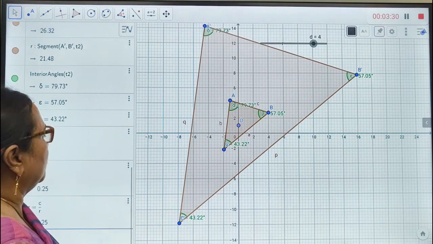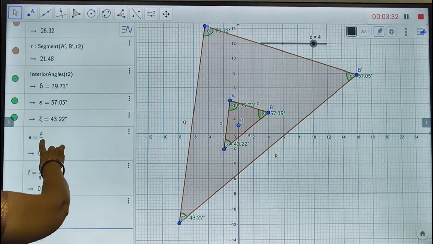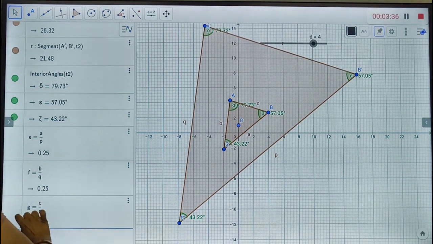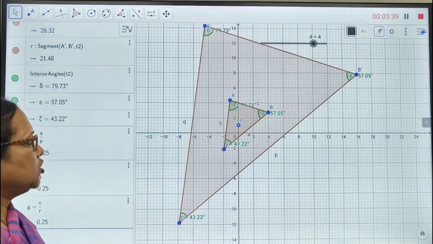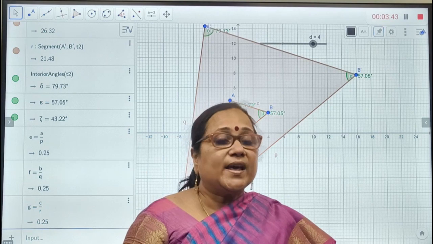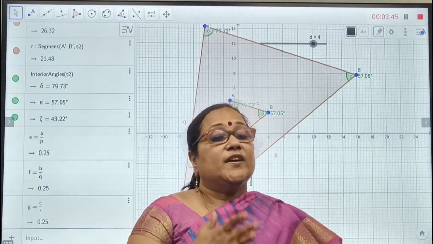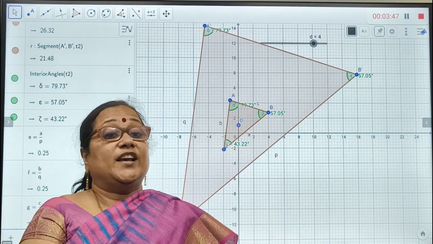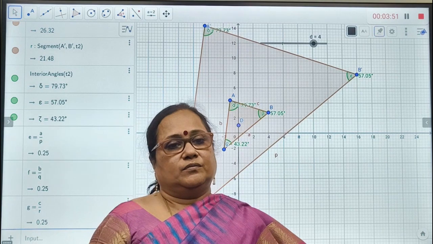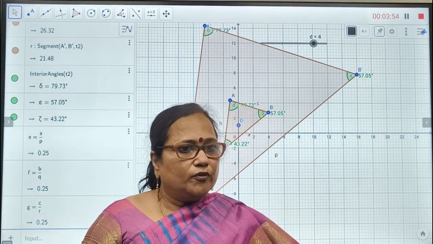Now D equal to 4. What do you observe? A by P is 0.25, B by Q is 0.25, C by R is 0.25. So what I am doing here is enlargement. As I enlarge or reduce, if the sides are in the same ratio, then we say the triangles are similar. Is it clear? Are you able to follow?